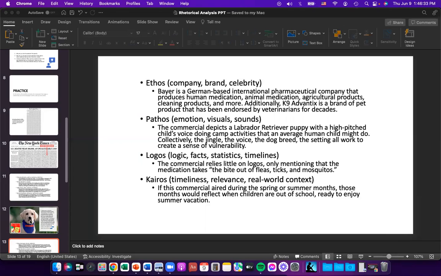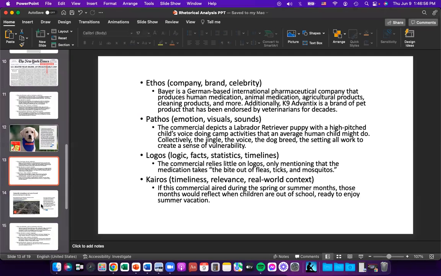In danger of disease or parasites, you would want them taken care of. And so now we're looking at this dog and we're saying, a dog, as a member of our family, we want it to be just as taken care of as our children are. They're just as precious, just as valuable. Let's take care of them. Whether or not you believe that is one thing, however, that's something that Canine Advantix is trying to do.